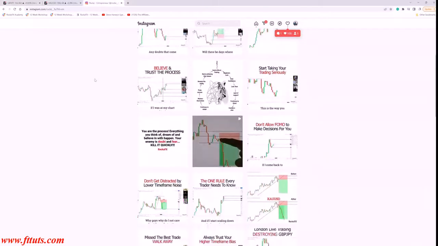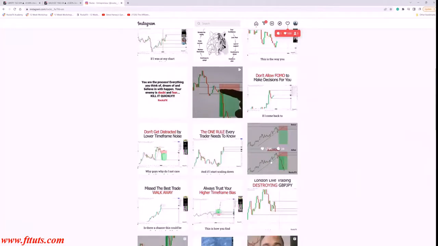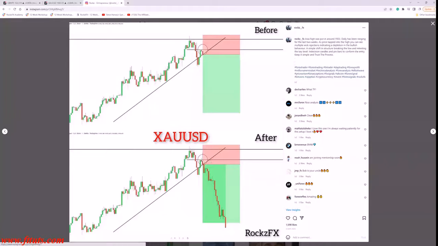Can you see my screen? Most of the trades that you see me taking here with all of these beautiful patterns, you can see on Instagram. None of these were taken based on the pattern. Well, 90% of them were not taken based on a pattern. 90% of them are taken based on what I'm telling you now. And then guess what happens? The patterns line up. Does anybody know why?